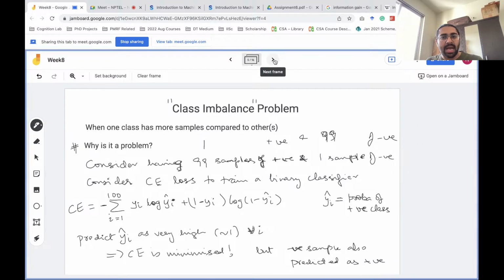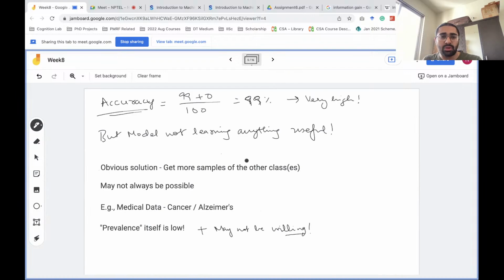So exactly what's happening here is that we also look at, let's say, accuracy. Suppose I use a threshold of 0.5 probability. I'll say whatever is more than 0.5 probability, I'll give positive class, and less than 0.5, I will use negative class. If I do this and get my accuracy, I will get very high accuracy.